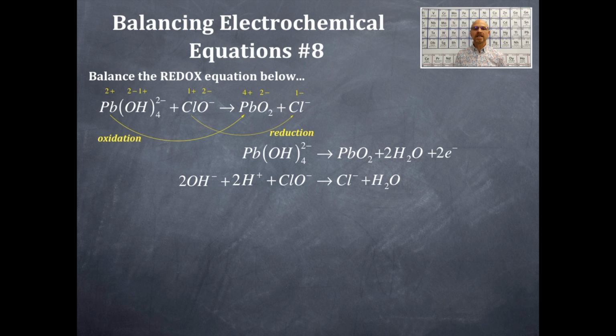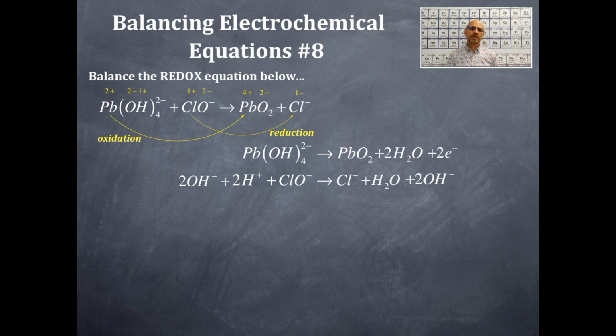Now the rule is we're going to have an excess number of hydroxides eventually at some point in time. In order to have that, I'm going to have to add hydroxides equivalent to the number of hydroxides that I added to one side to the other side. So I added 2 hydroxides to the reactant side. I'm going to add 2 hydroxides to the product side of that same half reaction, just like that.